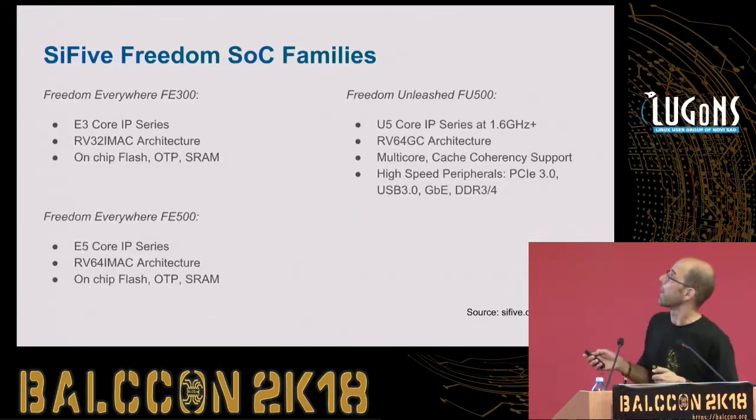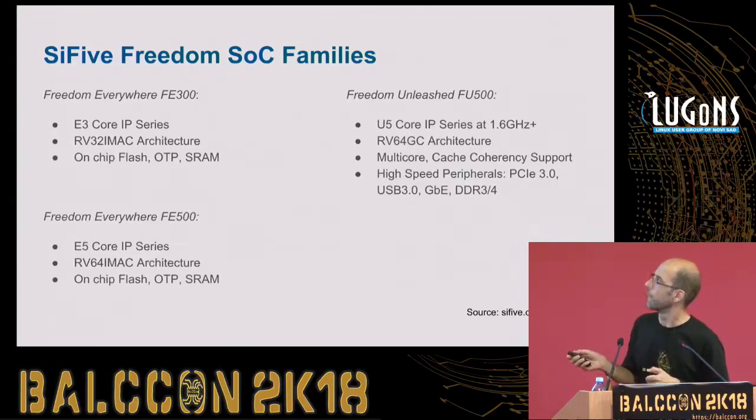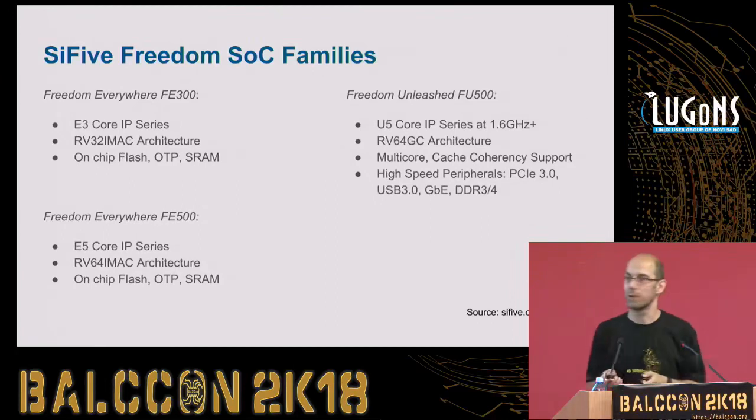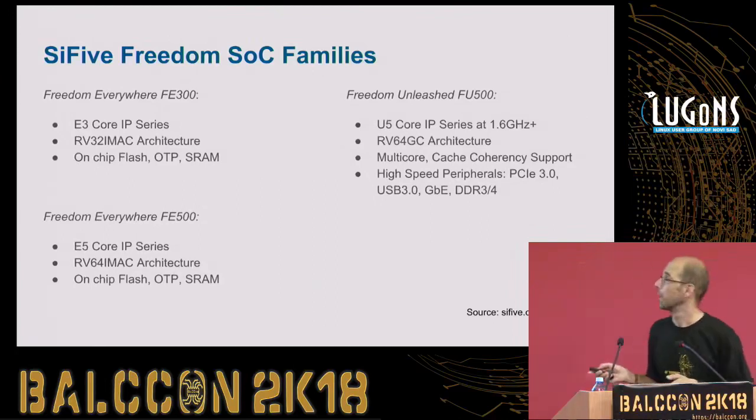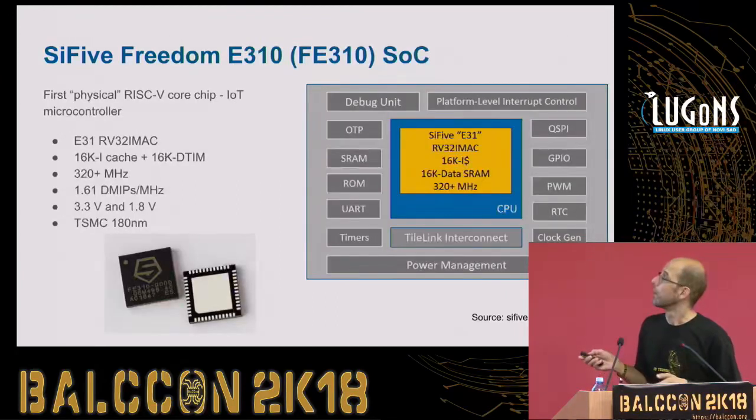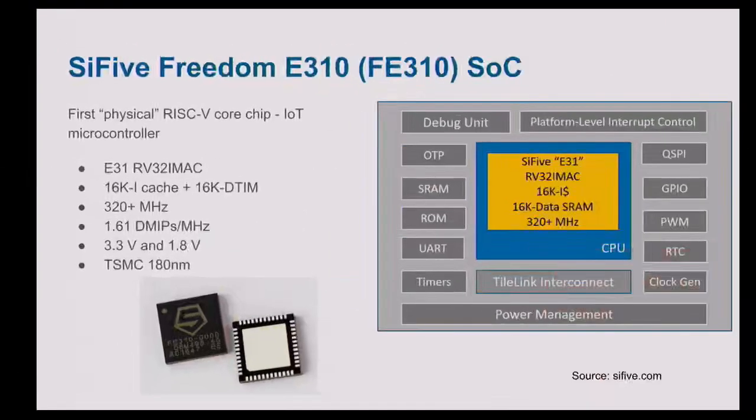So system on chip based on the E-core is called Freedom Everywhere, and based on U-chip is called Freedom Unleashed. This is Freedom Everywhere FE310.